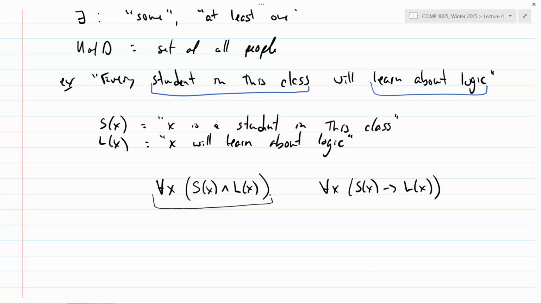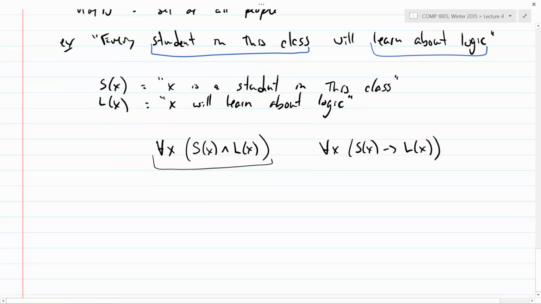And that's the correct translation of every student in this class will learn about logic, because that sentence doesn't say anything about the people who are not in this class. They might learn about logic, they might not. Right? That's not our concern. Our concern is only about the students in this class. So by using an implication, you're narrowing your sentence as much as possible, which is good because this particular sentence is a very narrow sentence. It only talks about the people in this class.